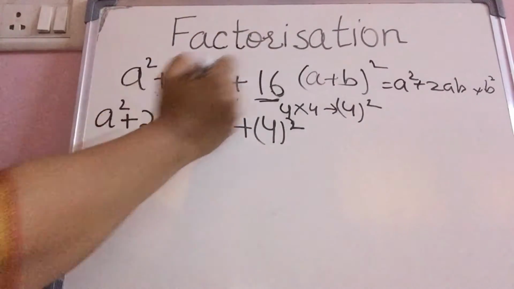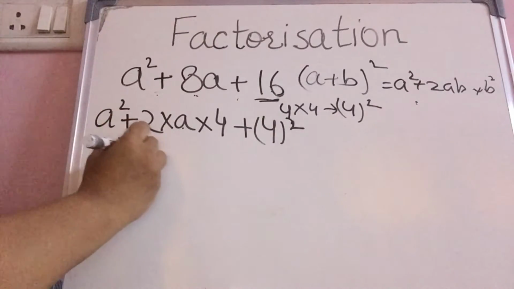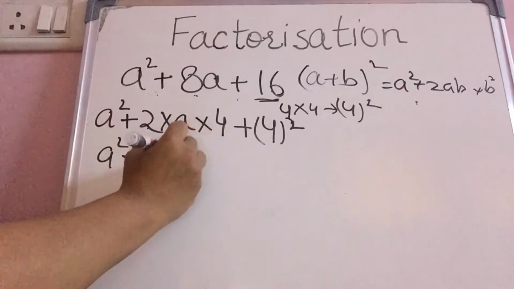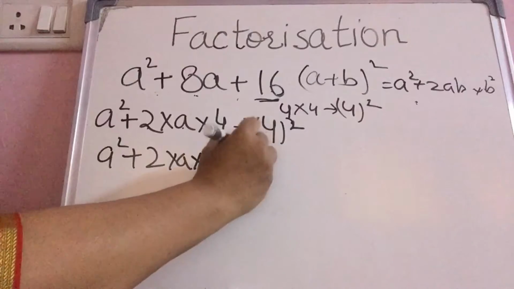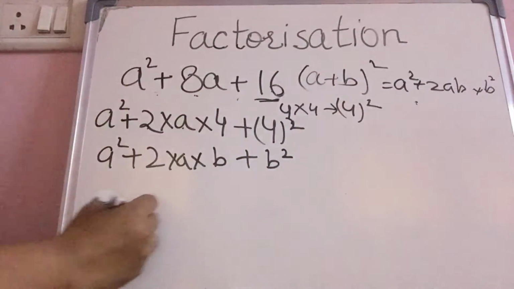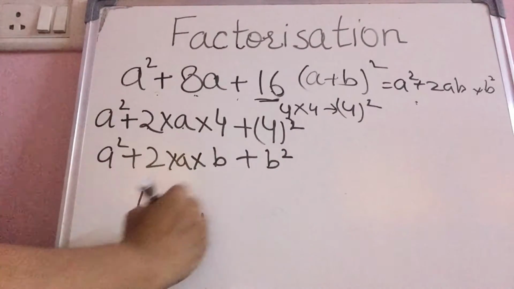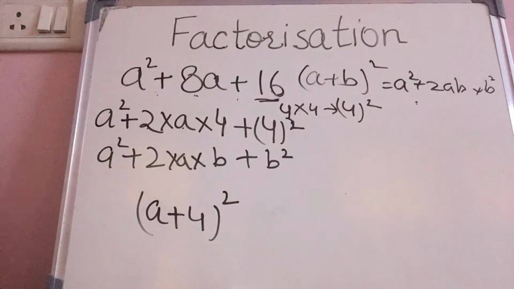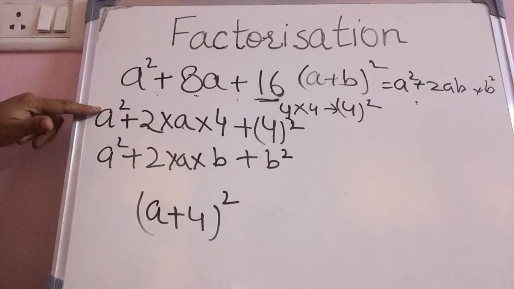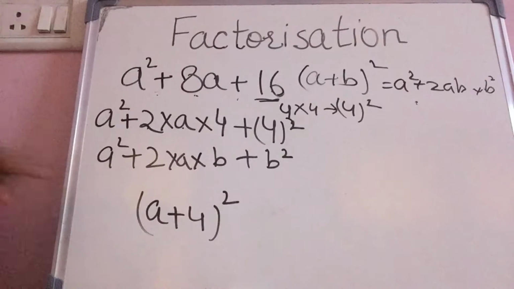Now if we compare it with the right hand side of the identity, that is a square plus 2 into a into b plus b square, we get the left hand side here as (a plus b), that is (4) whole square. So here we have the right hand side of the identity and we have converted it into the left hand side of the identity. So this will be the answer.